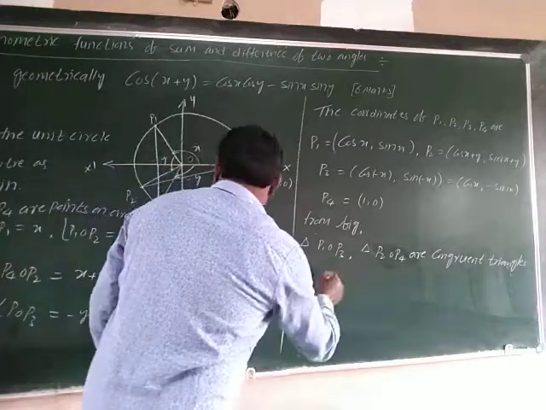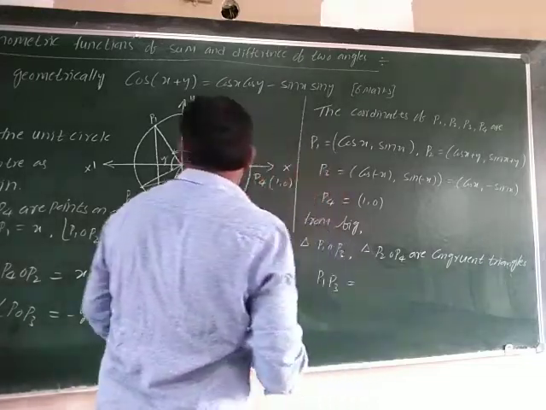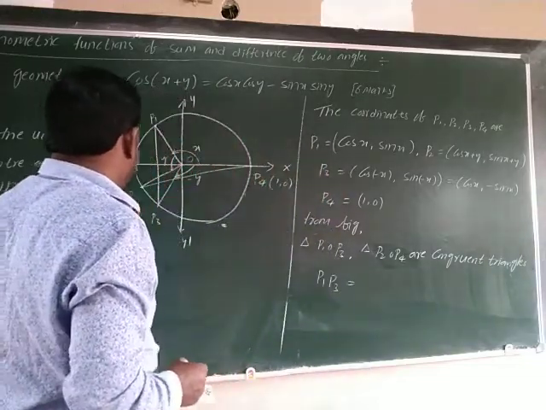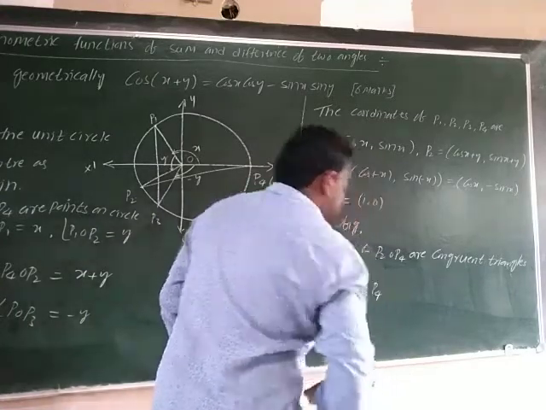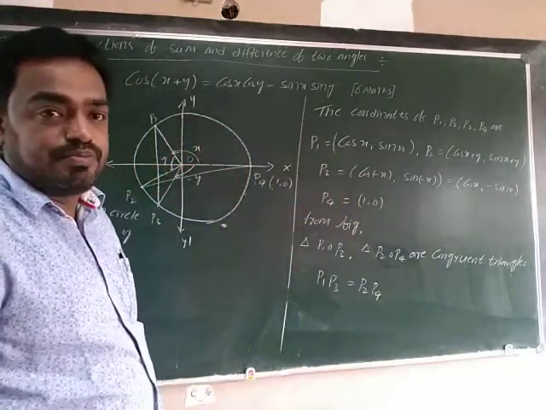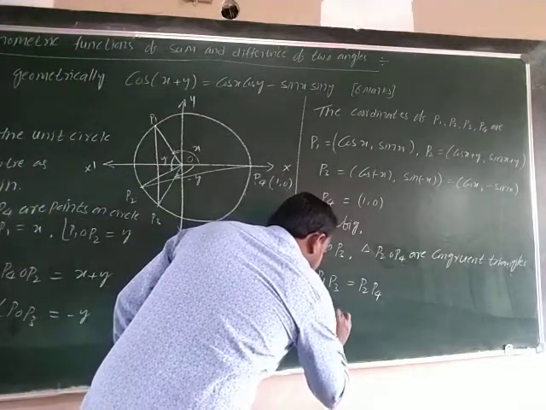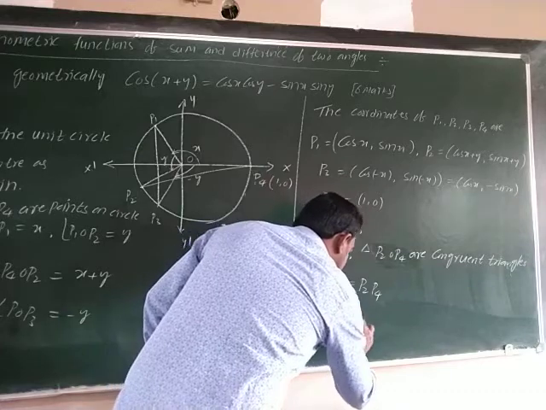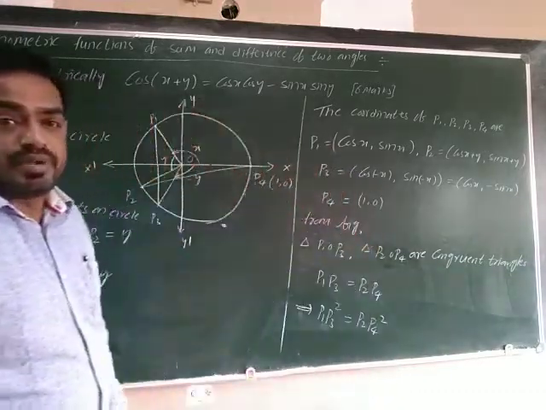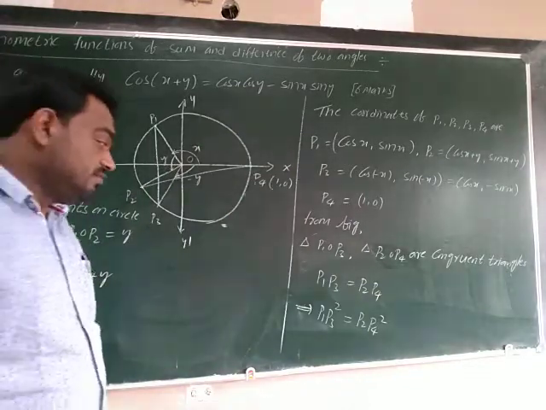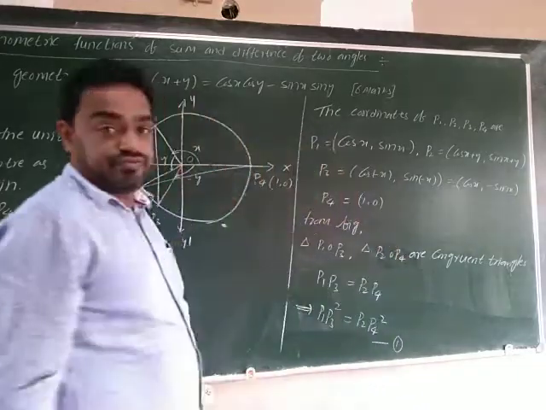So the side P1 P3 is equal to P2 P4. That implies P1 P3 square is equal to P2 P4 square. I'm squaring on both sides. Take this as equation number 1.